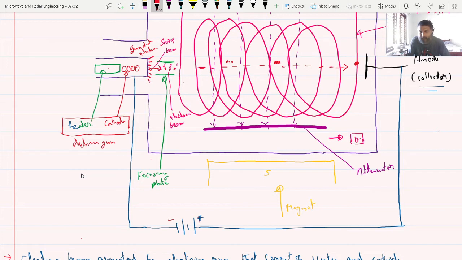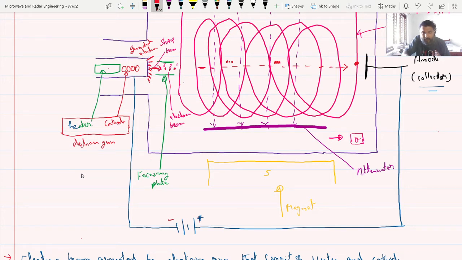The generated electrons from the heater and cathode will be in different directions, and this is focused in one direction as a sharp beam.